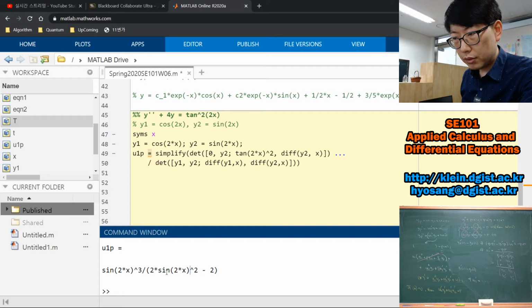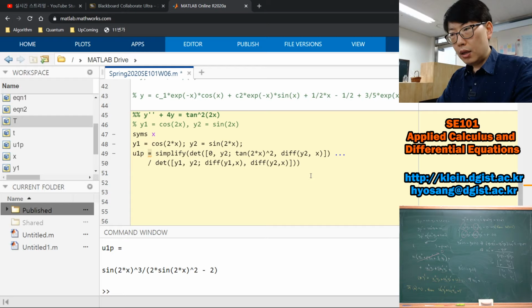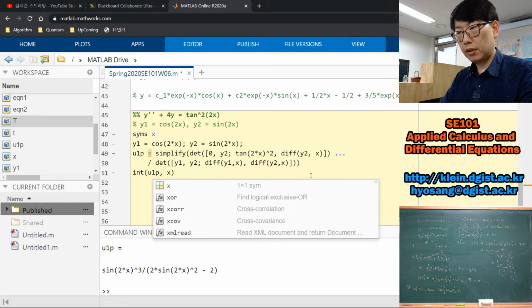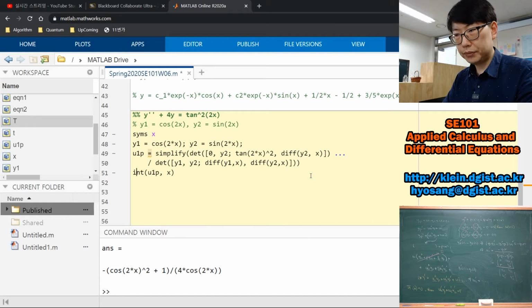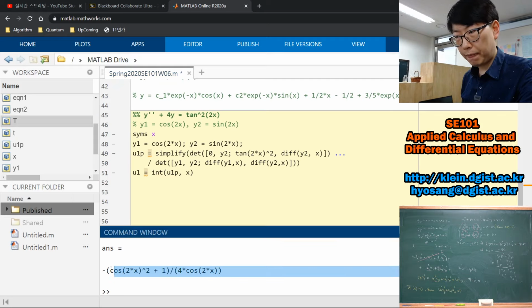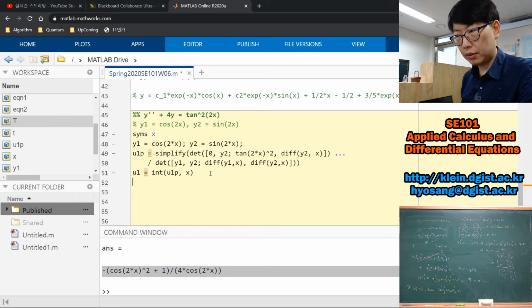Anyway, let's take an integral of u1 prime. So u1p integral x, that's our u1. So this is our result, 4 times cosine 2x.